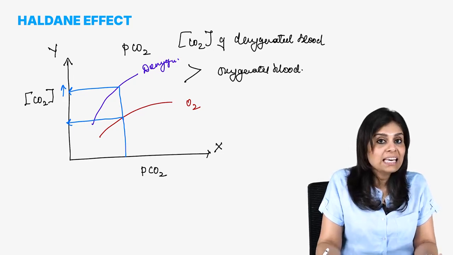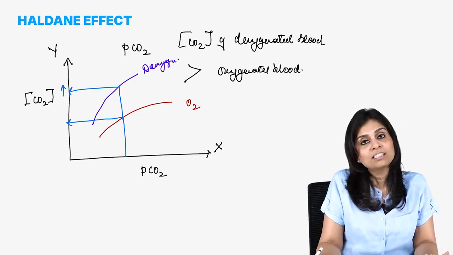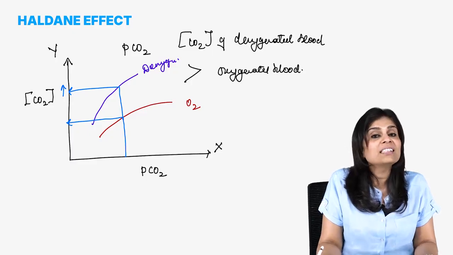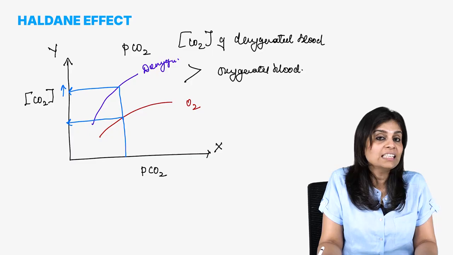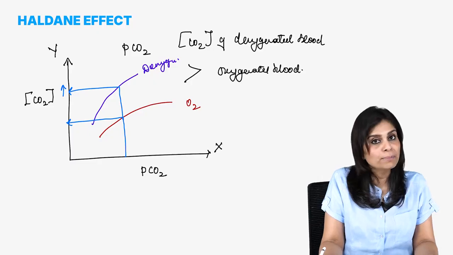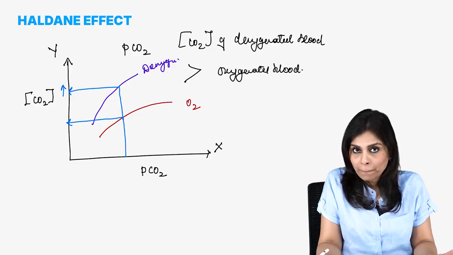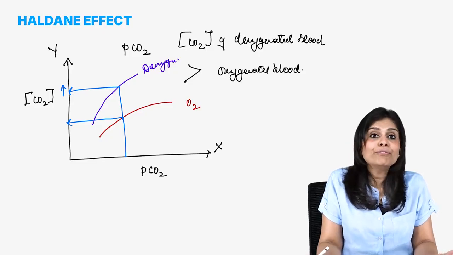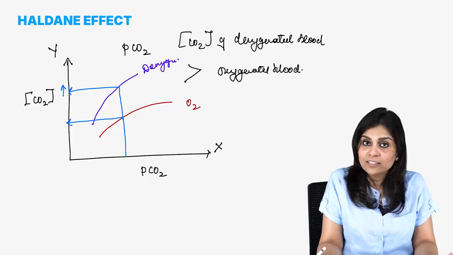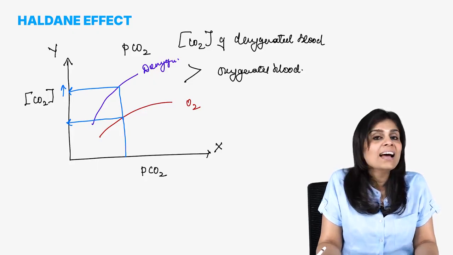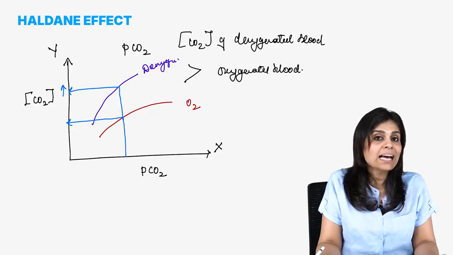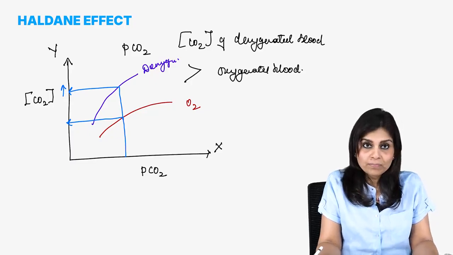So a quick recap on what is Bohr effect and what is Haldane effect. Bohr effect is reciprocal binding of oxygen and H+. Whenever there is deoxygenation, H+ binds, or whenever H+ binds, oxygen has to leave. So there is a reduction in the affinity of hemoglobin for oxygen on H+ binding, and that's called the Bohr effect that happens at the tissue side.